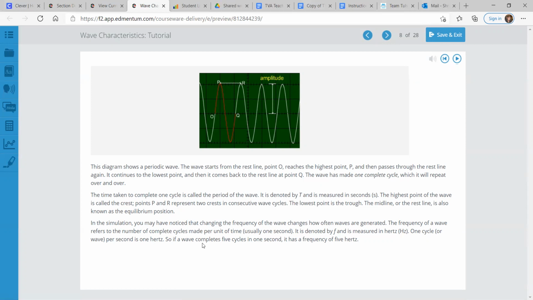And hertz is an inverse second. So we'll talk about that in a bit. One cycle or wave per second is 1 hertz. So if a wave completes 5 cycles in 1 second, it has a frequency of 5 hertz.